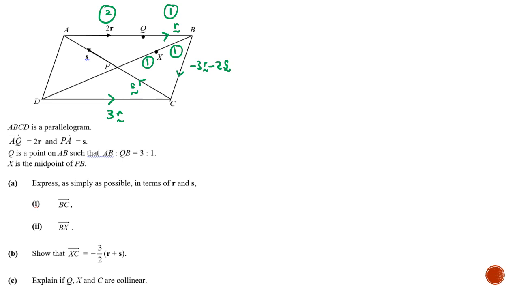To find vector BX, we can go from B to X, or we can simply use the ratio that BX is half of BP.